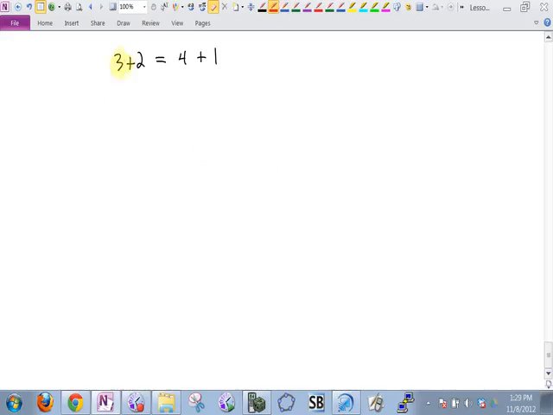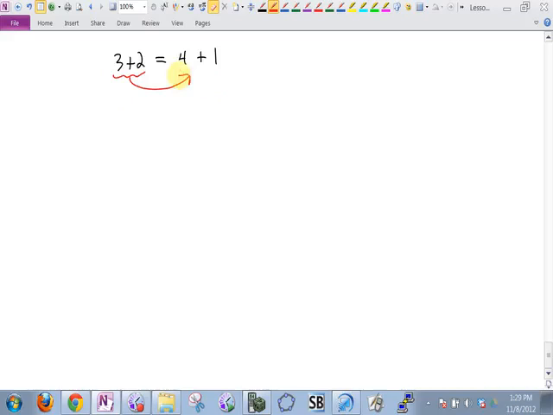Many mathematicians interpret this very literally from left to right. You are to prove that 3 plus 2, that is the focus, is actually the same thing as 4 plus 1. And so you can't touch 4 plus 1. You can't call it 5. It's got to remain 4 plus 1 the whole time.